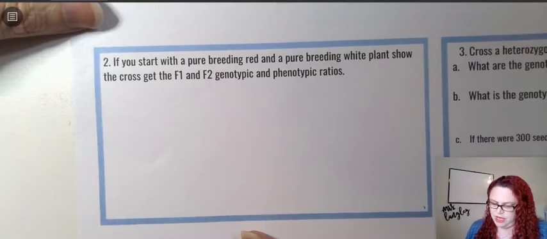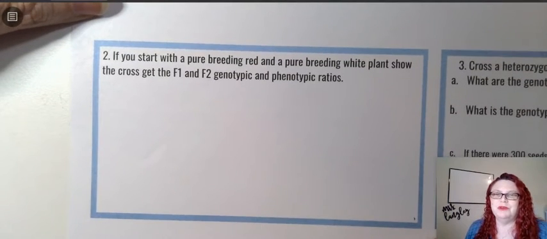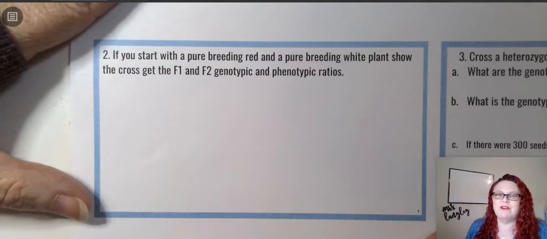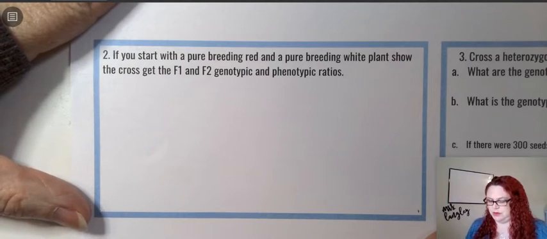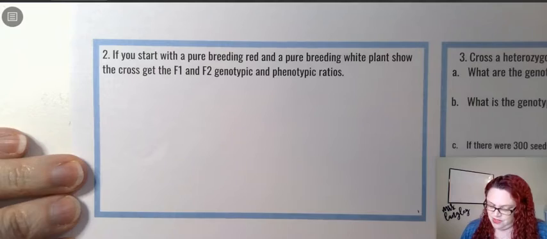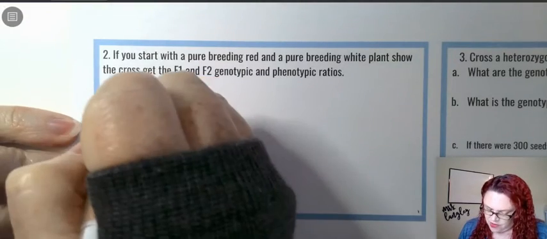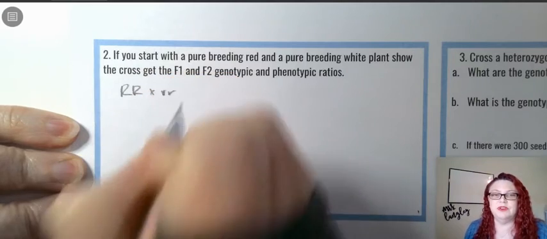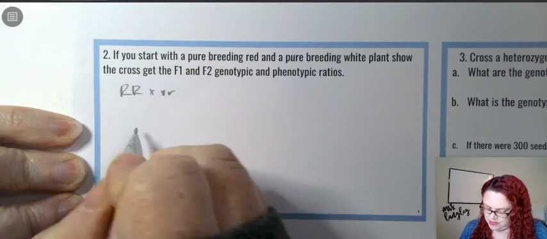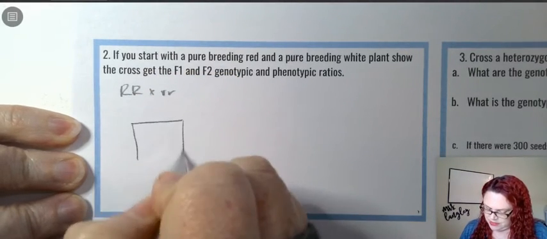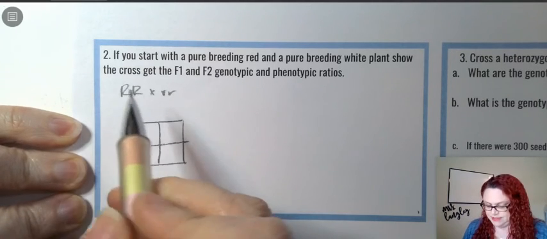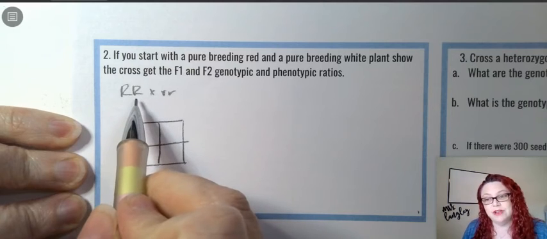If you start with a pure breeding red and a pure breeding white plant, show the cross to get the F1 and F2 genotypic and phenotypic ratios. Okay, so if we cross these two individuals, we wind up with our gametes, and remember, gametes are half the information.